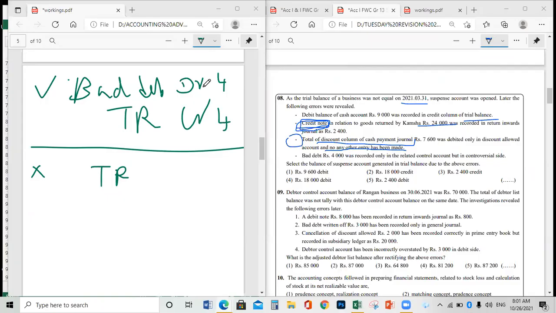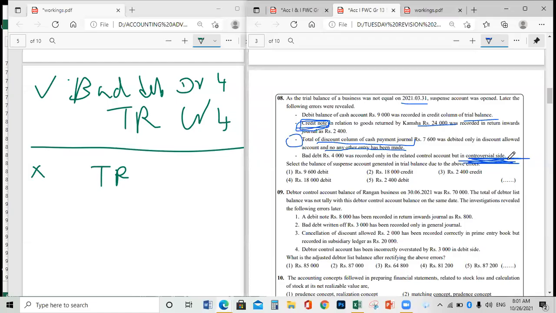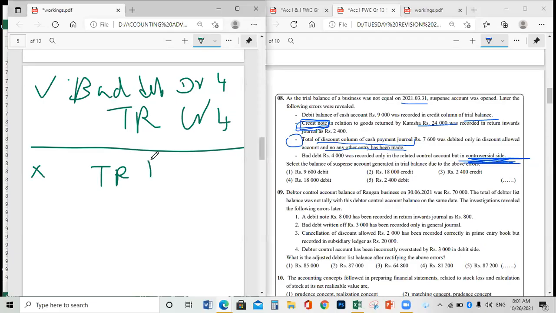They say they recorded in the opposite side. Even though it should be credit side, they went and recorded in the debit side 4,000. Do you all understand what they are trying to say?